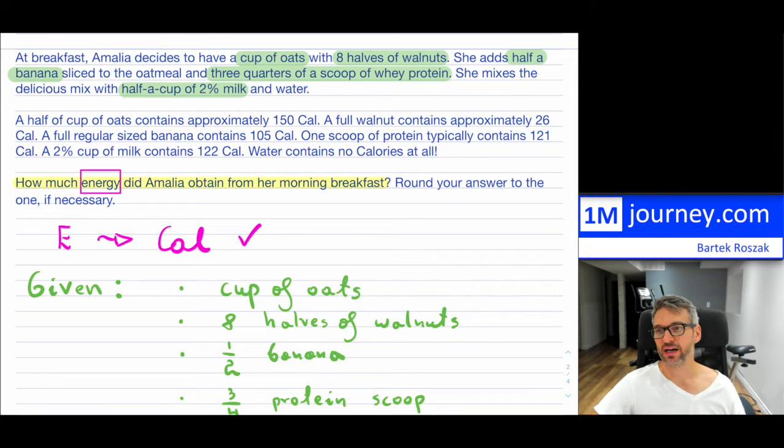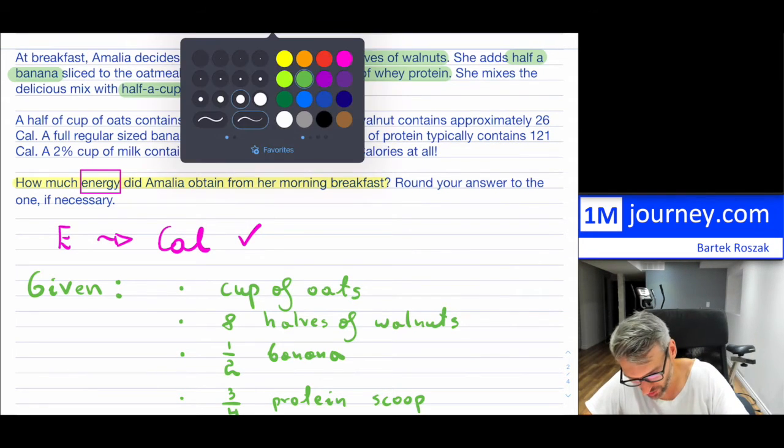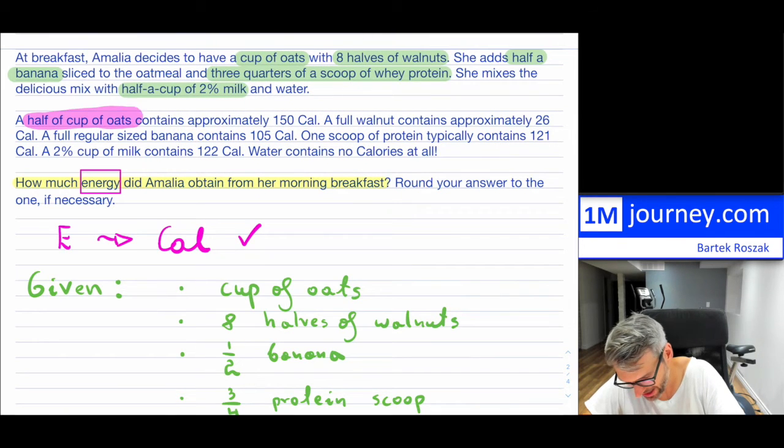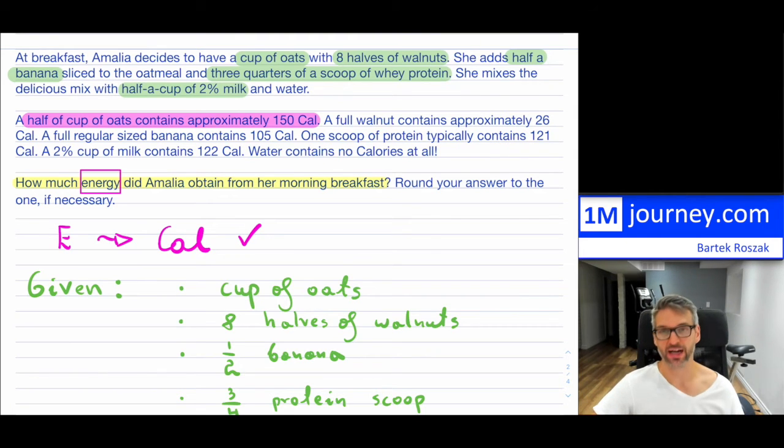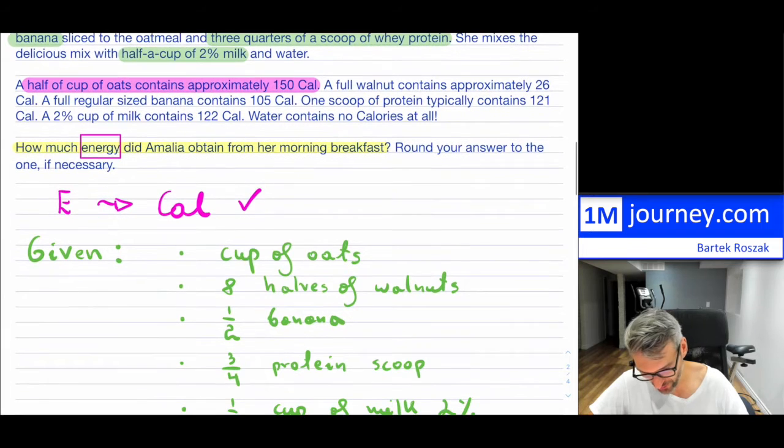So it says a half of cup of oats contains approximately 150 calories. That's what they give us. So let me do a different color here. So we have a half of cup. So this is approximately 150 calories. All right. So that's what we have first.